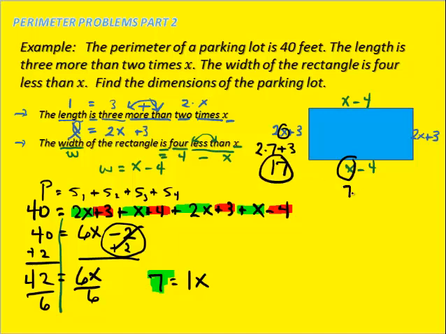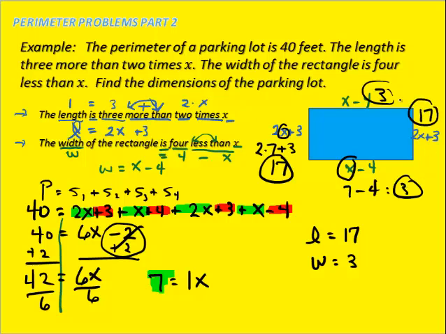And then I'm going to do 7 minus 4, and I'm going to get 3. So my length is 17, and my width equals 3. Now I know that this side on the top is 3 also, and this side's 17 because it's a rectangle. If I add up all 4 of those sides, I do get my 40, so it's going to work.